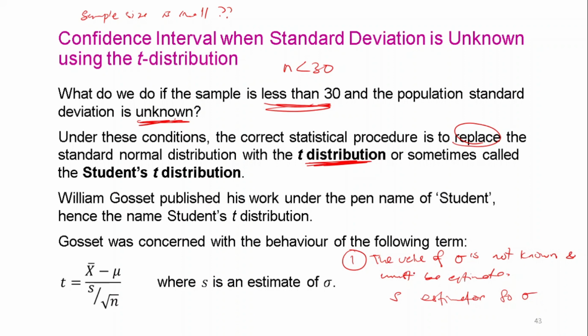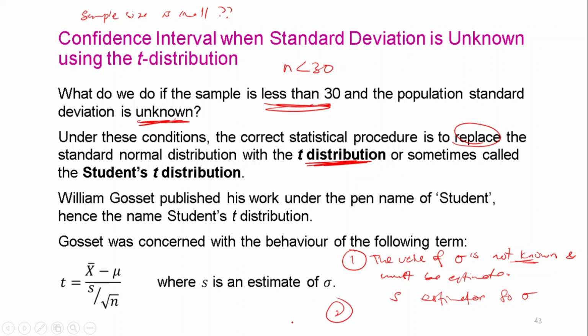If our standard deviation is not known, you need to use S as an estimator for the population standard deviation.